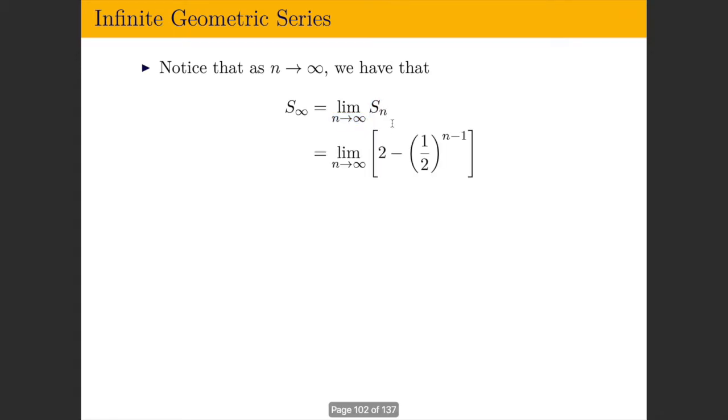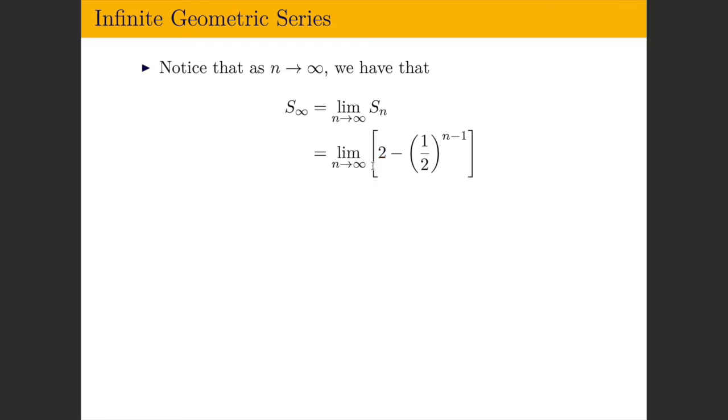And I'm going to replace Sn here with the expression that we derived on the previous page, 2 minus a half to the power of n minus 1. Now, of course, as n approaches infinity, or as n gets bigger and bigger, it doesn't really affect the 2. The 2 doesn't change depending on infinity.